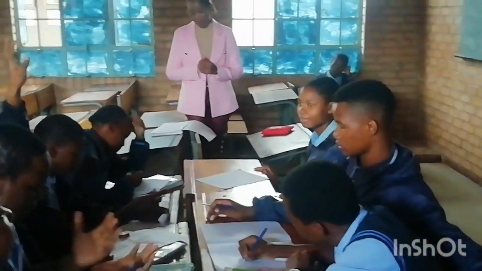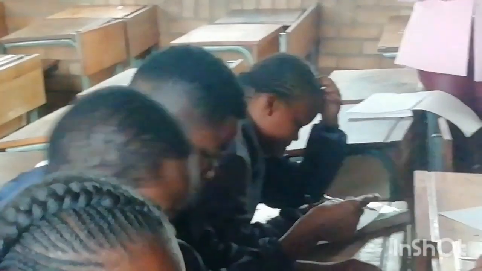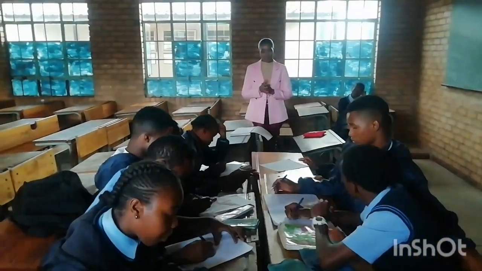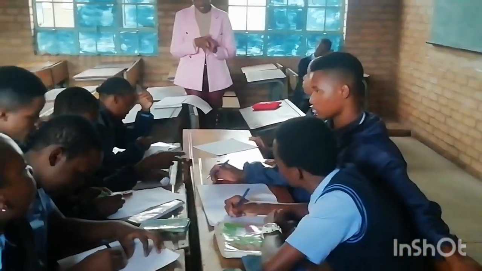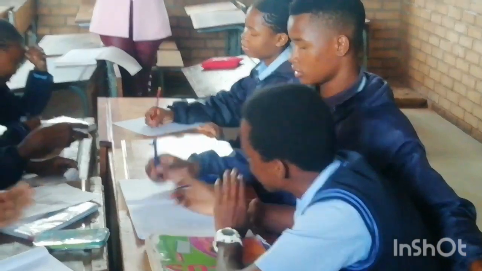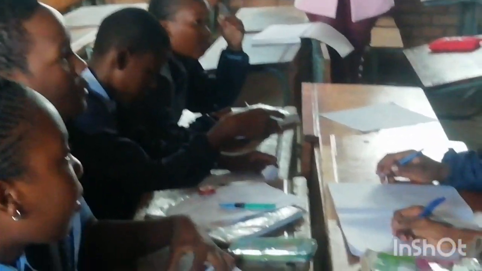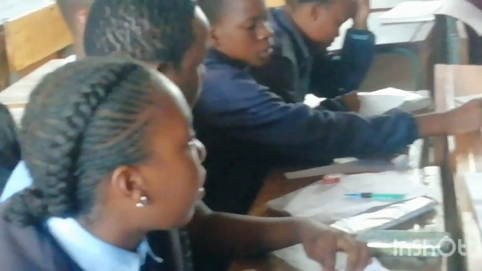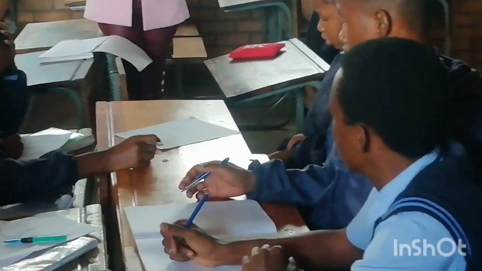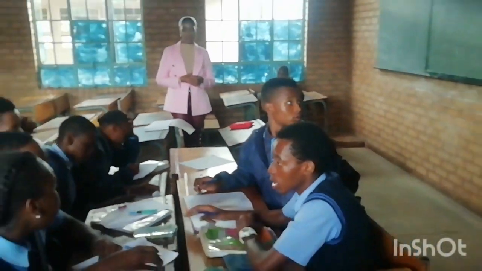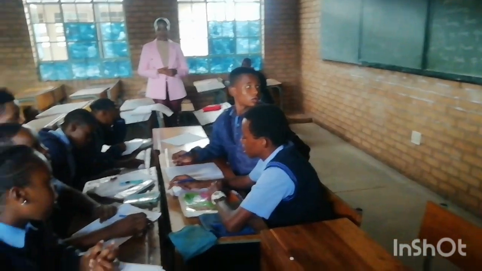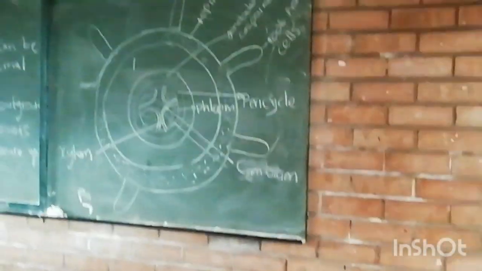Phloem, that's correct. Xylem, that's correct. Cambium, that's correct. Another one can be pith. Have you seen the pith on the diagram? Yes, that is the pith. If you got 4 of them, then you are on the right track.